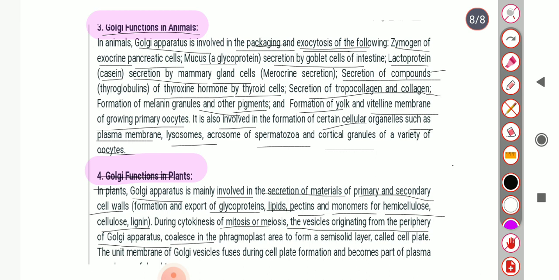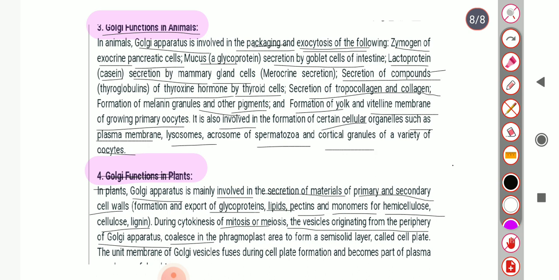In the chick embryo, retinal pigment has been observed to be synthesized by the Golgi complex. Formation of root hair: the Golgi apparatus also forms root hairs from their mother cell, and this is believed to take place through the agency of the Golgi apparatus.